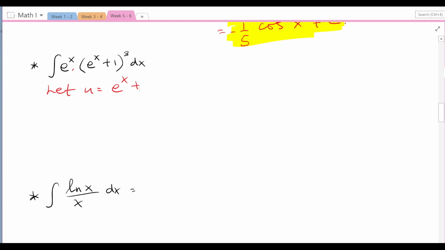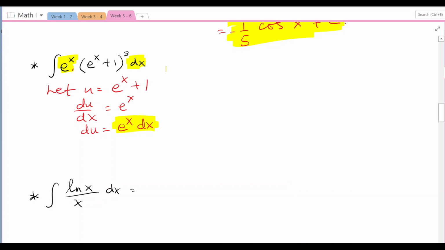So we let our u equal e to the power of x plus 1. Do not include the raised to the power of 3 at the moment, just leave it for now, we will do that later. The derivative of our u with respect to x, as mentioned before, equals e to the power of x, and therefore du equals e to the power of x dx.